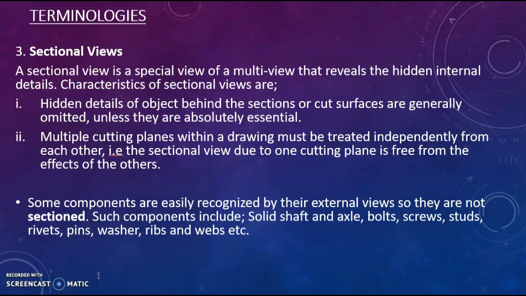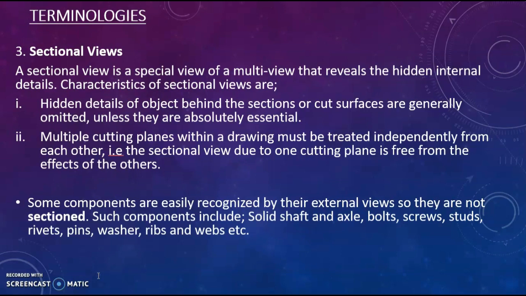The first one is that hidden details of objects behind the sections or cut surface are generally omitted unless they are absolutely essential. What does this mean? This means for the sectional view, we omit the hidden details unless they are very essential in our drawing or in our presentation.